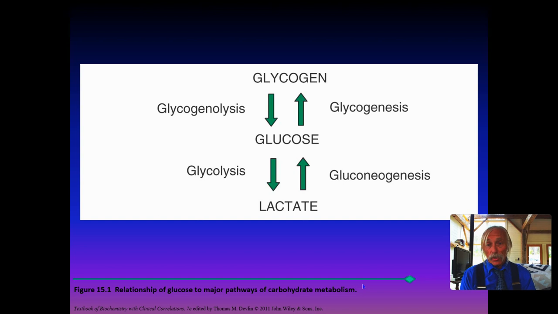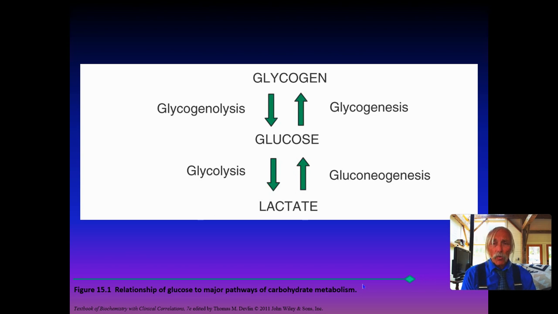Okay. So the first slide basically is giving you that very simple understanding that glucose can be converted to lactic acid. That would be one of the end products of anaerobic glucose oxidation, and that would be called glycolysis. Lactate can also be used as a substrate to synthesize glucose, and that process is called gluconeogenesis.